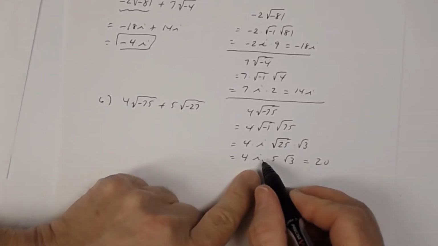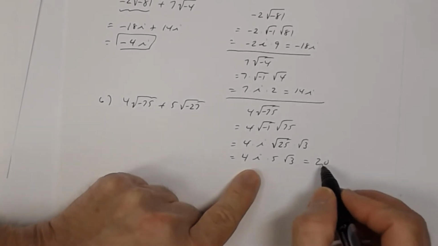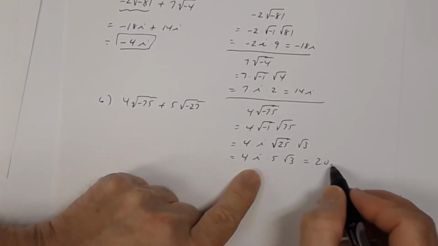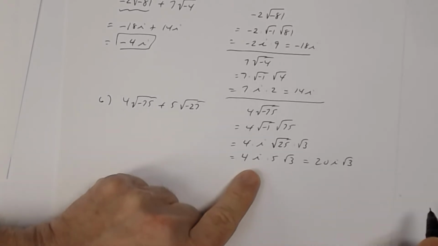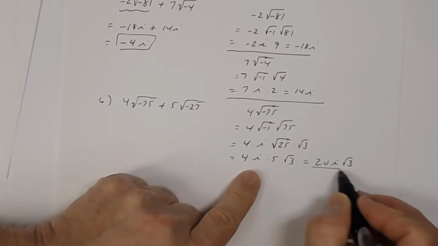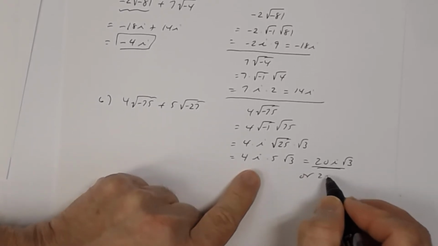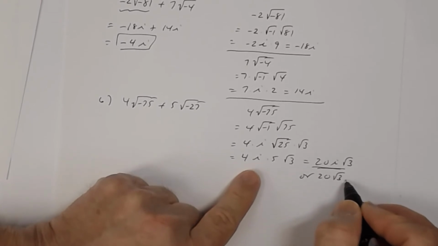And then here's how we write this. So we tend to put the I between the whole number part and the radical part. All right, so that's how we tend to write this. So write it like this. Now, if you want to write it as 20 times the square root of 3 times I, that's fine, as long as I can tell that that I is not under the square root.